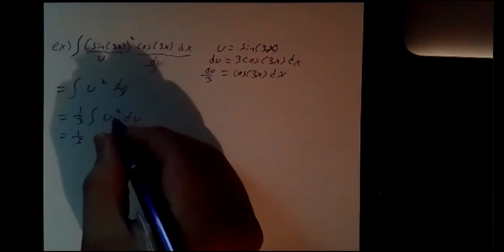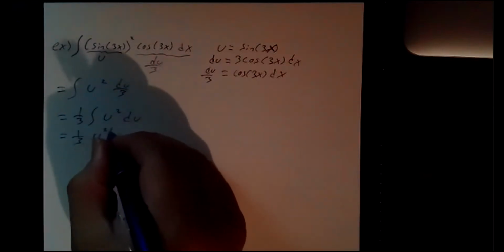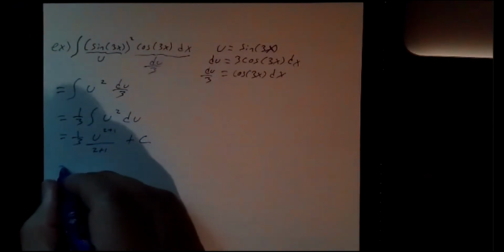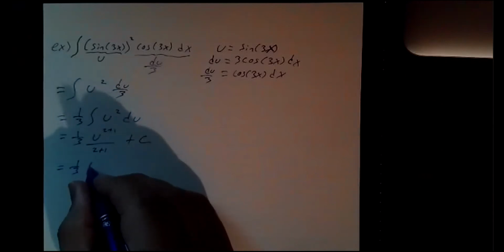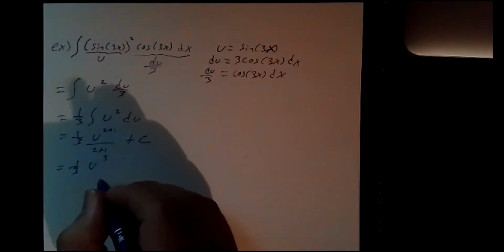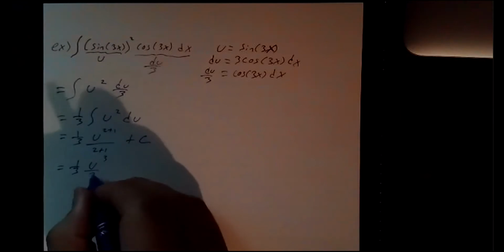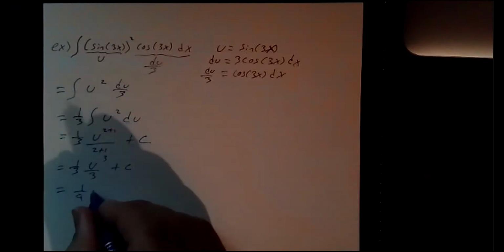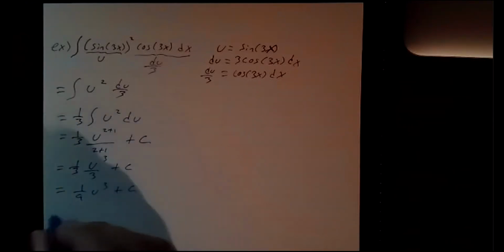So add 1, divide by the same thing. So that will be 1/3 u cubed over 3, which is 1/9 u cubed plus c.